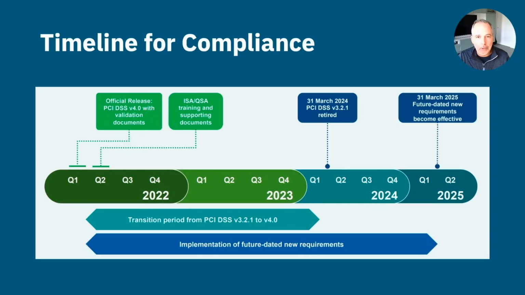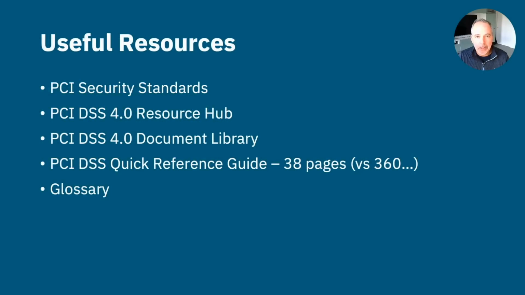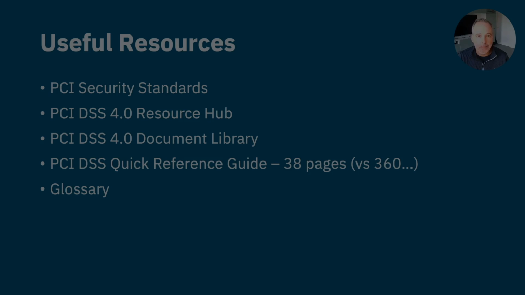The deadline for 4.0 compliance is March 31, 2024, meaning all organizations must comply with the DSS 4.0 requirements by the end of Q1 24. There are a few requirements that the DSS has provided a longer compliance period. Those are all required by March 31, 2025. I'll flag those where relevant in the coming slides. And if you want to learn more about any of this, here are a few useful resources. I've shared the links in the course materials.